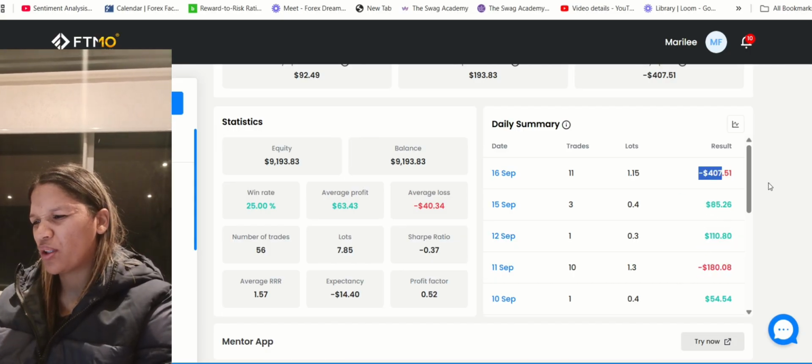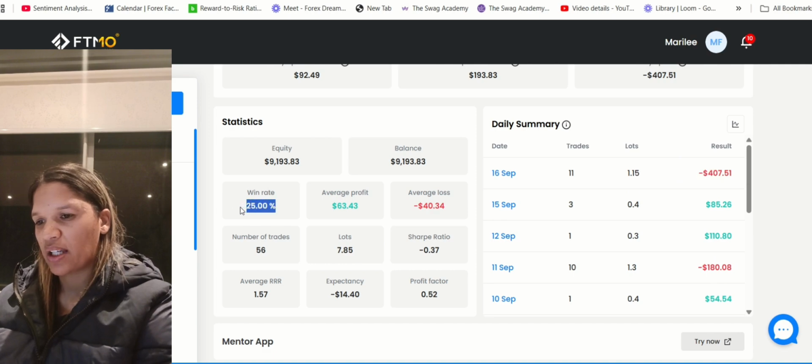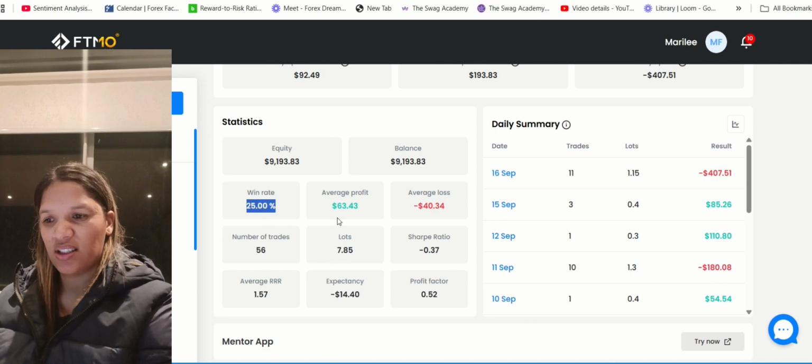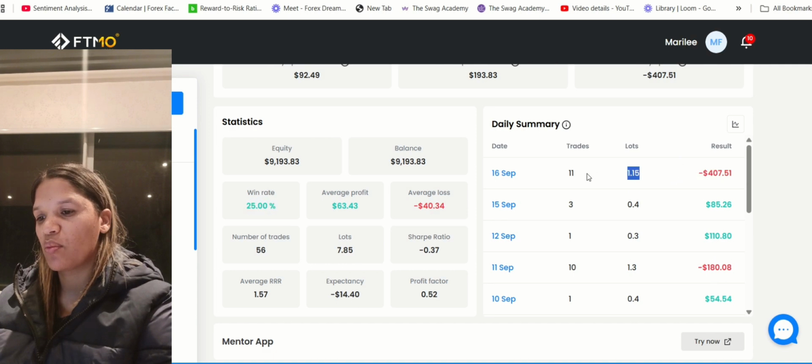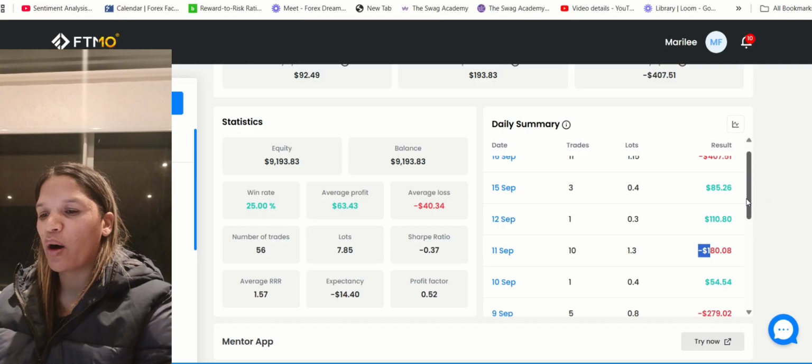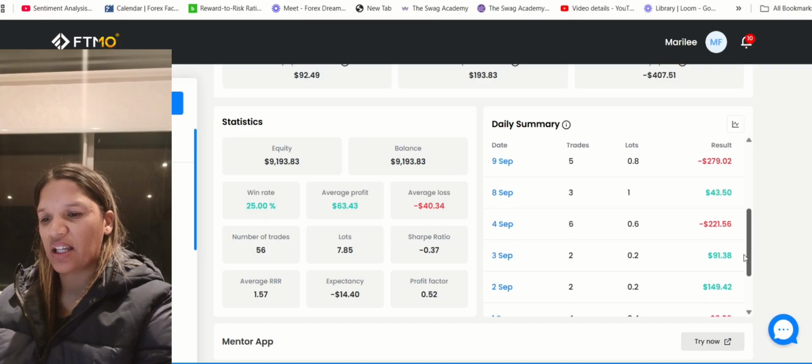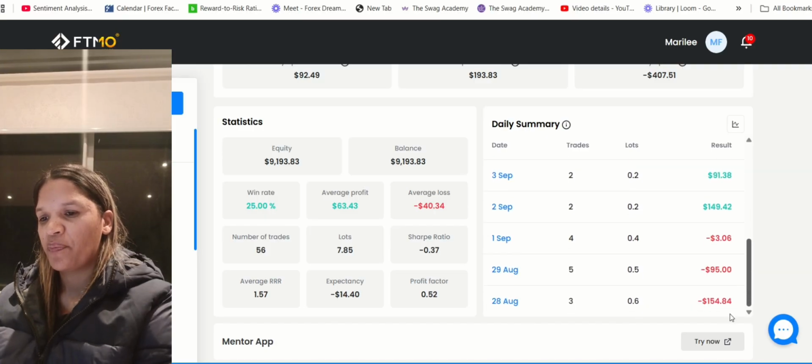My win rate was actually 45%, but now it's different because I took all 11 trades today. As you can see, I also took more trades. The more trades I took, the more I lost. So I know my strategy, and most of my losses here are because I overtraded.